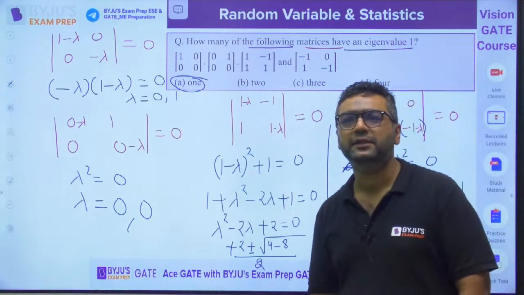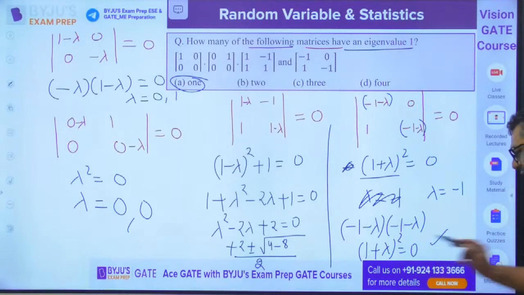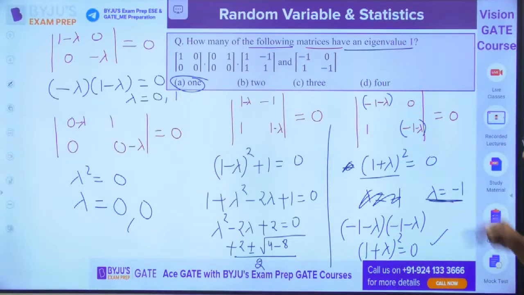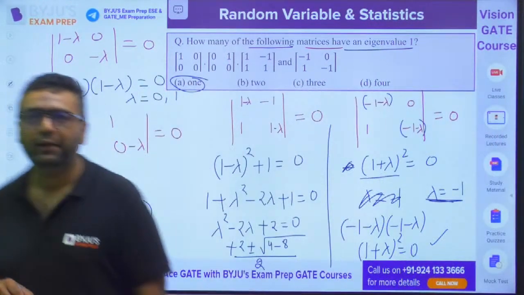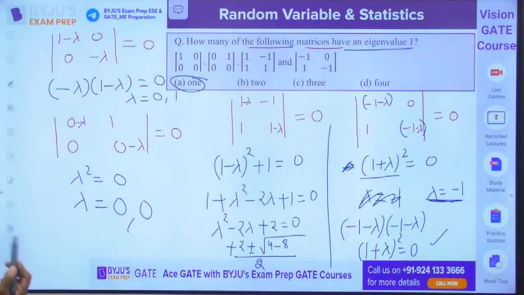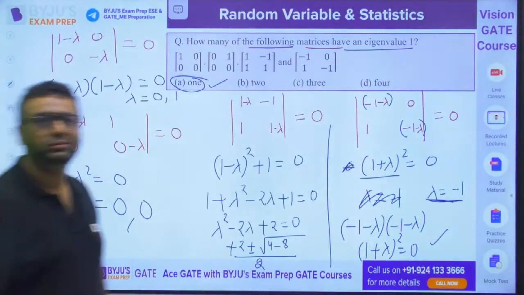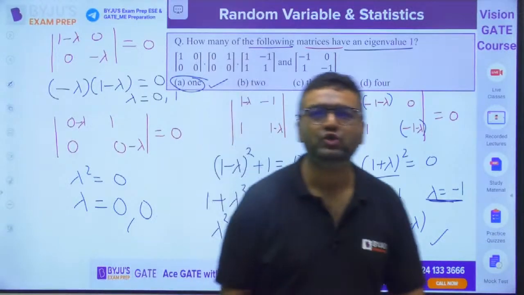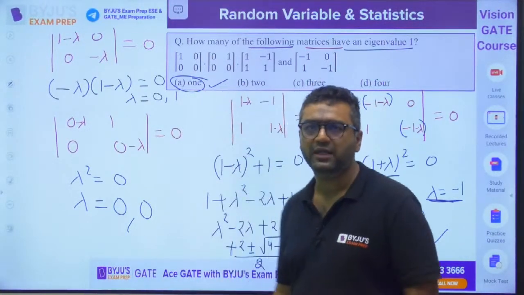So it will be (1 plus lambda) squared equal to 0. The answer will be lambda is minus 1. So the answer will be 1 for this, not 2. In this type of question, students generally make the mistake, like you guys have made.